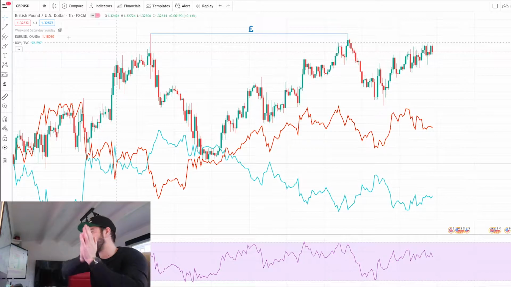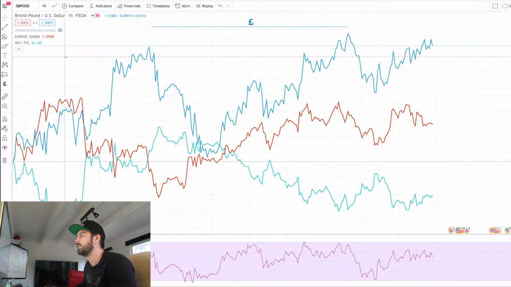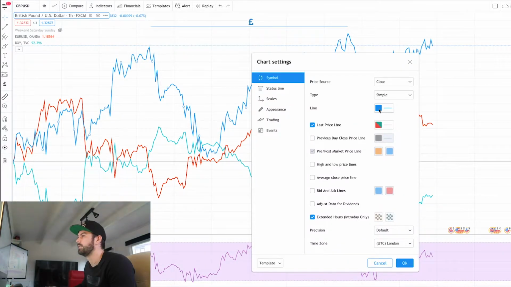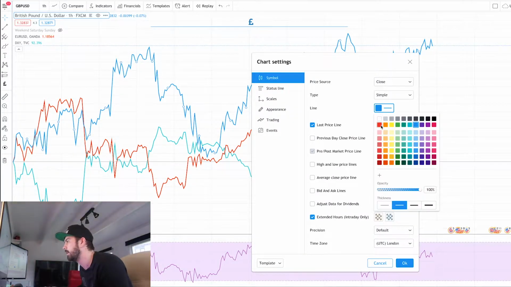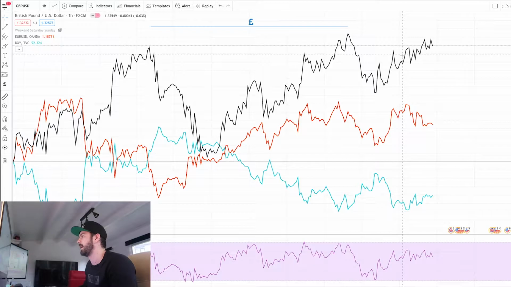should be going up. As you can see from the charts here, the dollar index is this blue. And actually I'm going to change this to line, so let's just do line graphs. We'll change it to black, okay?